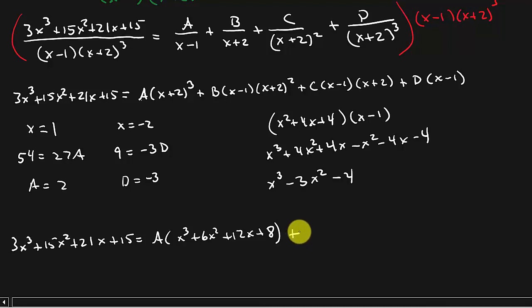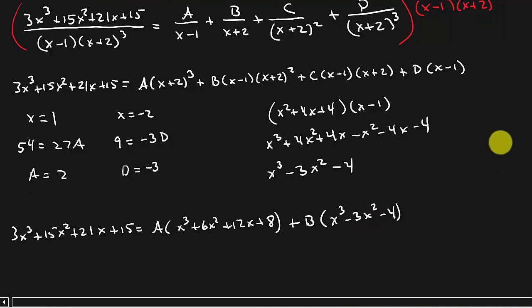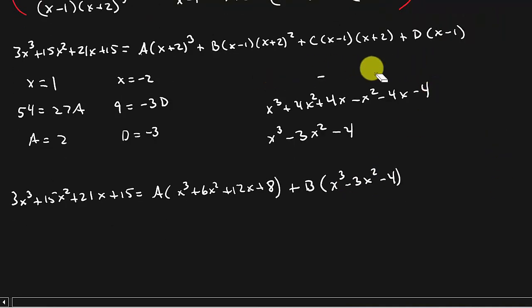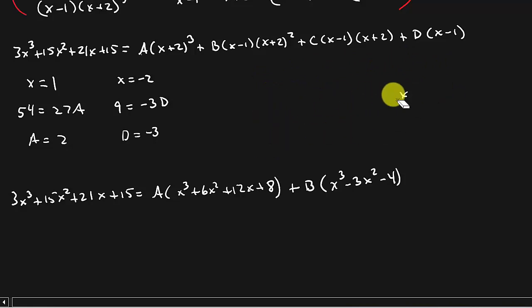So that's plus b times x cubed minus 3x squared minus 4. Then we've got to do the same thing here. That's plus c times, and when I FOIL that out, that's x squared plus x minus 2, and then plus d times x minus 1.